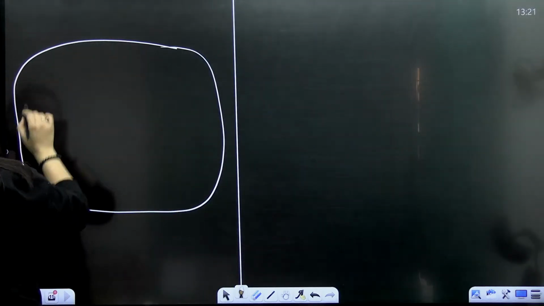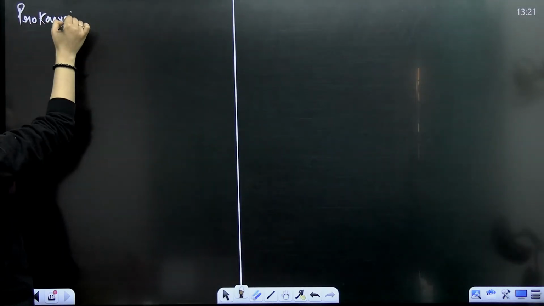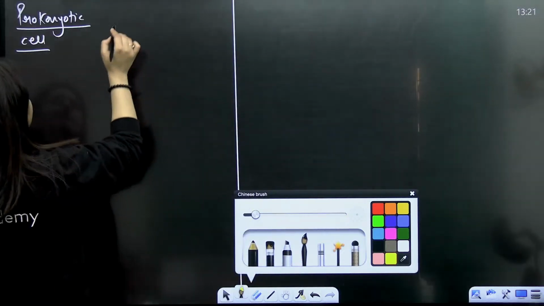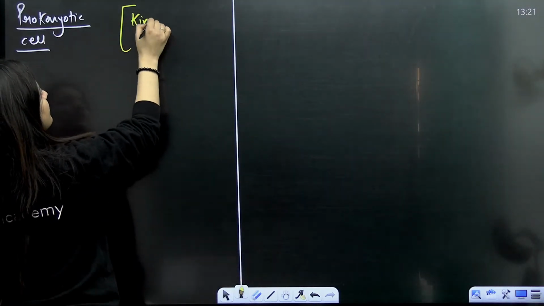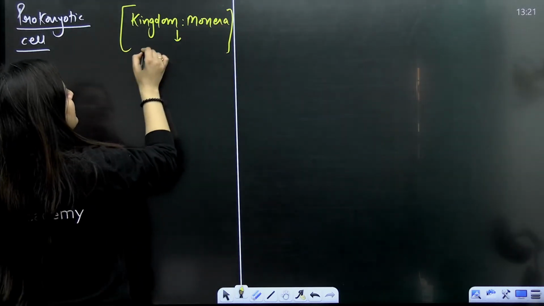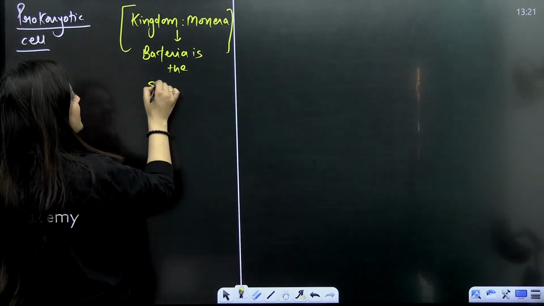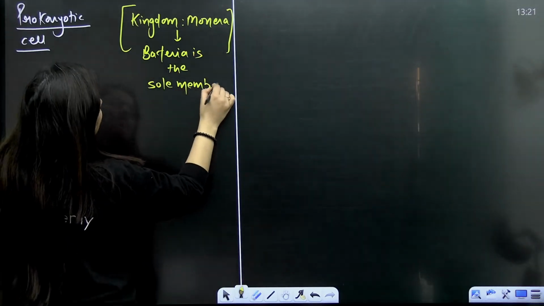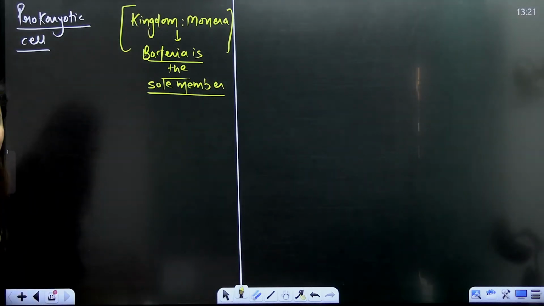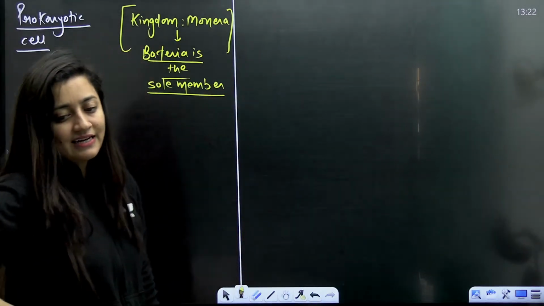So, whenever you talk about the prokaryotic cell, as I said, this is the primitive cell. Firstly, I'll discuss that. Remember, in the biological classification chapter we will discuss that prokaryotic cells are there in only one kingdom, kingdom Monera. It is the kingdom where bacteria is the sole member, my dear people. So whenever you are talking about the prokaryotes, you are talking about the bacteria. In which kingdom will you get it? Please do let me know in the chat section. That is kingdom Monera.